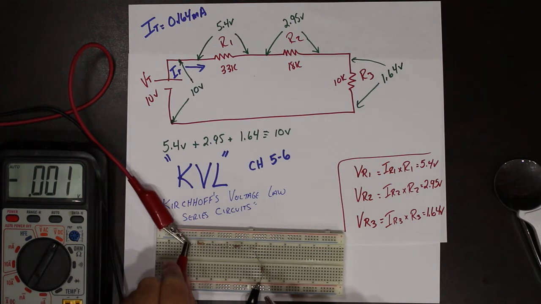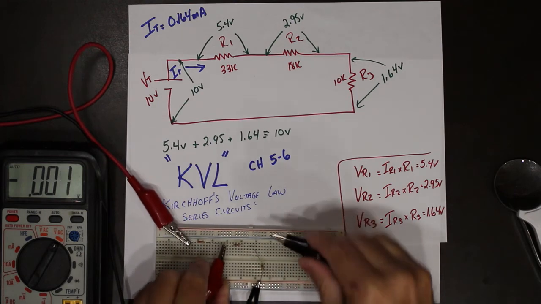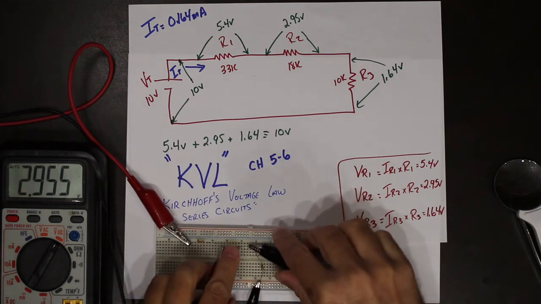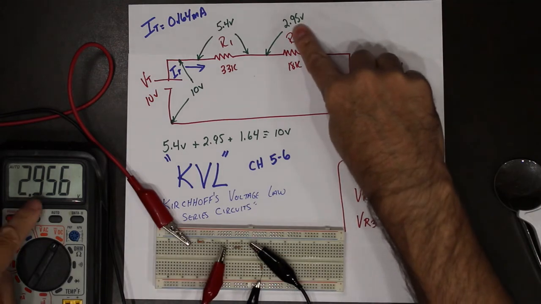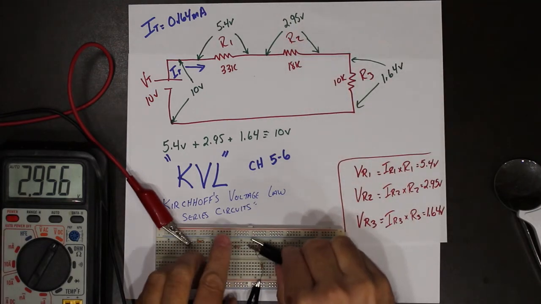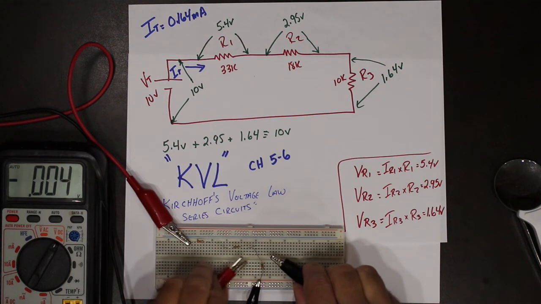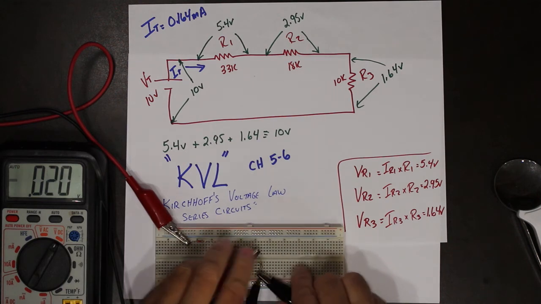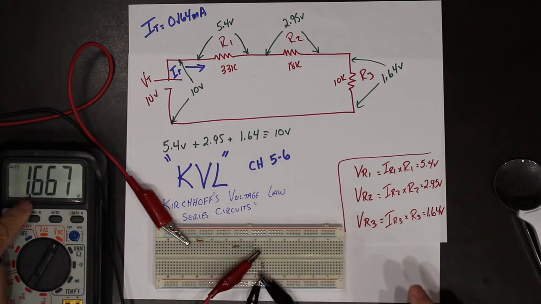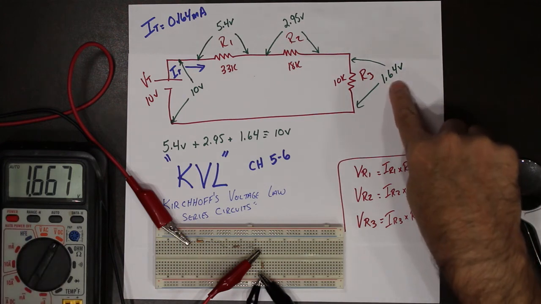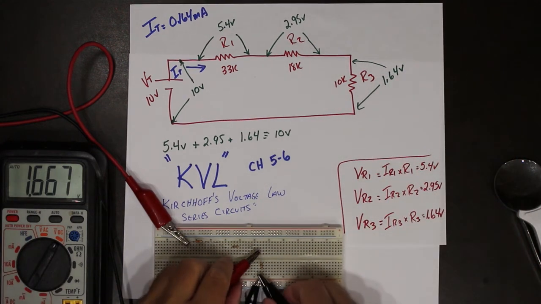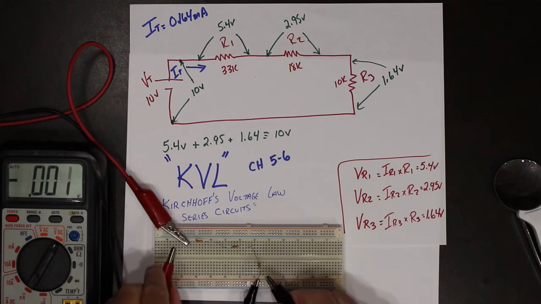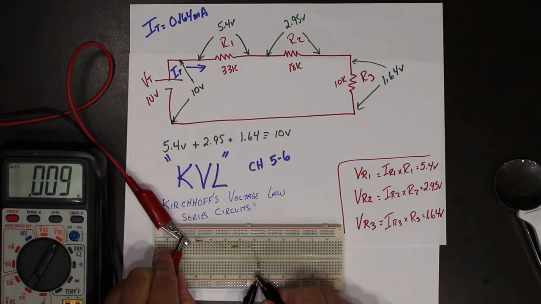Then I am going to measure the next one. 2.95, 2.95. And then I'm going to measure the next one. 1.6. There you go, 1.6 volts. And the total, 10 volts.